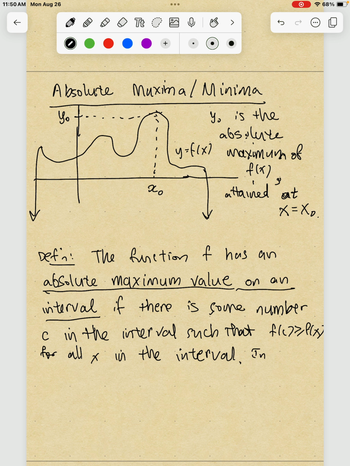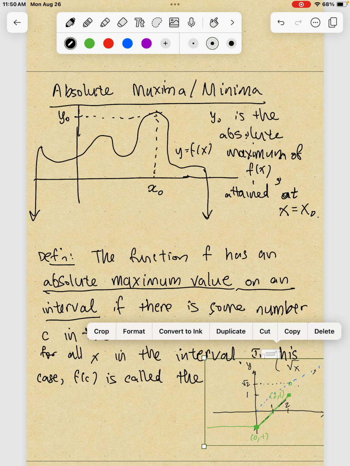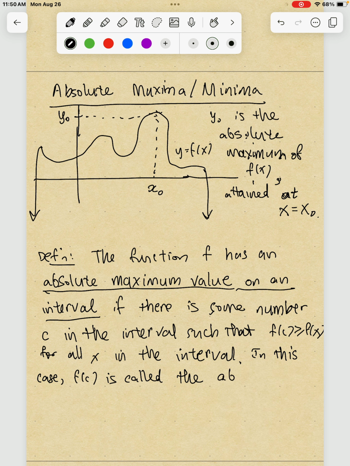In this case, f of c is called the absolute maximum value of f on the interval.